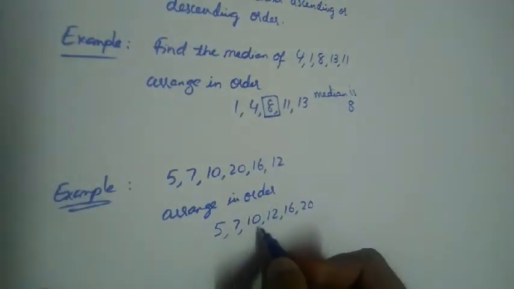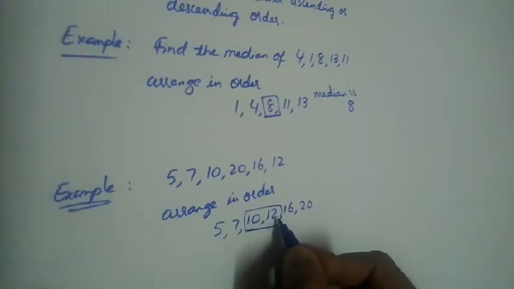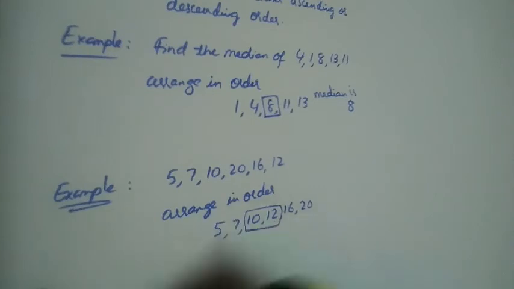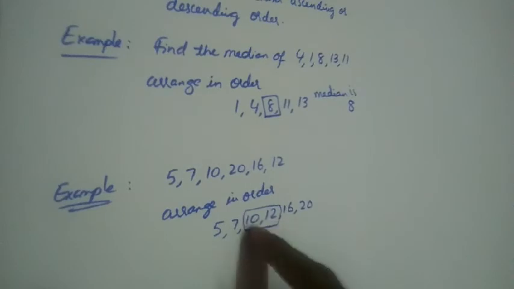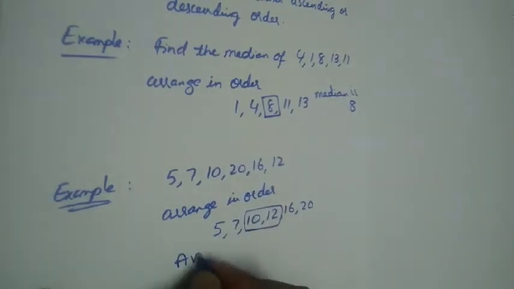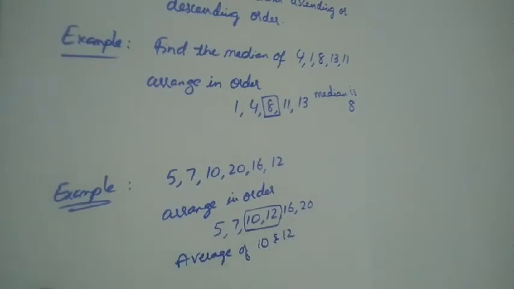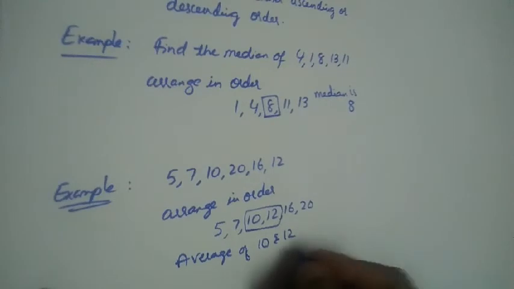So here you can clearly see there are two middle terms, 10 and 12. So what should be the median now? Median should be the average of these two numbers, the average of 10 and 12. What is the average?